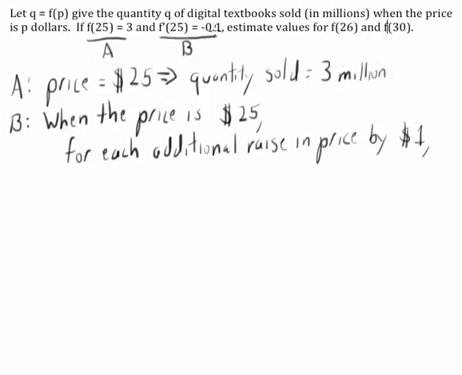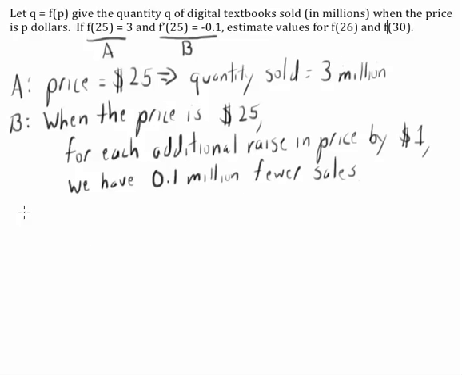Well, sales go down. We have 0.1 million fewer sales. And notice that I'm dealing with fewer here because I got a minus sign. This makes sense. When the price goes up, we have fewer sales.